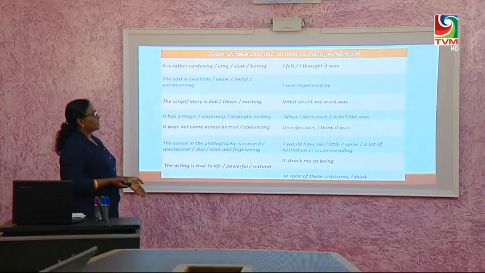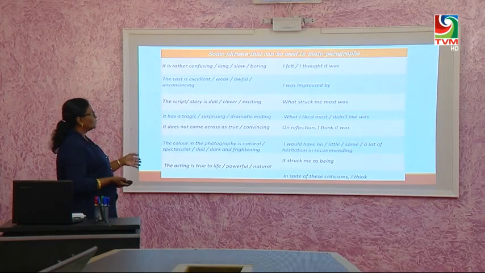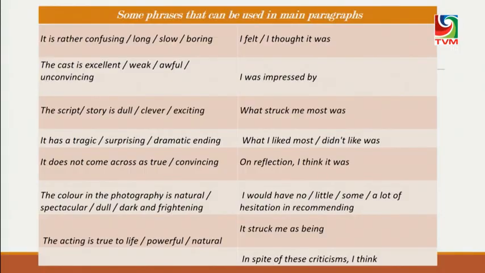And this is the vocabulary we are giving you, because the way you express yourself is very important. It is rather confusing, or it is long, or it is slow, boring. When you are writing the third paragraph, you can use all these phrases.